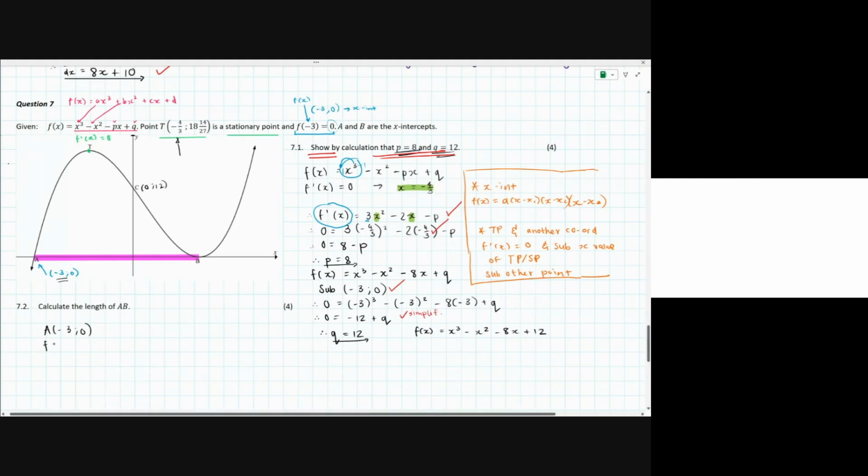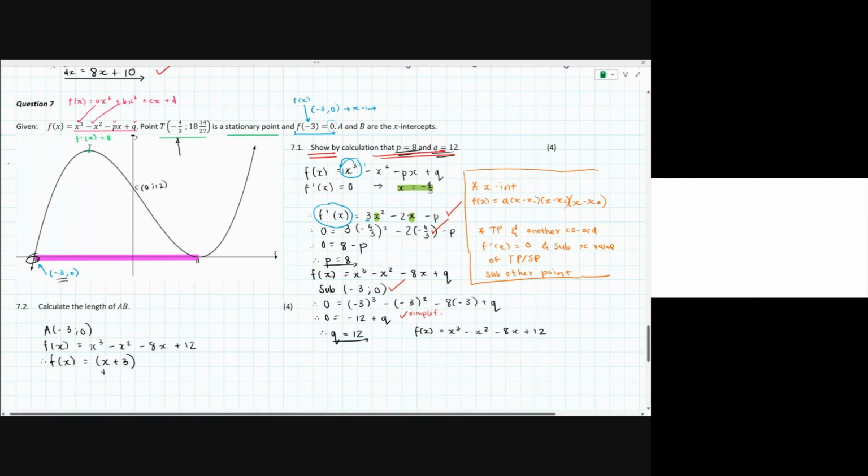Now, I'm going to ask you to try and factorize by yourselves. But remember, because we know the equation now of my cubic, and because I do know that A is an x-intercept, technically, as I start to factorize this expression, I already know one of my brackets. Remember, when you put it into your brackets, you always change the sign.